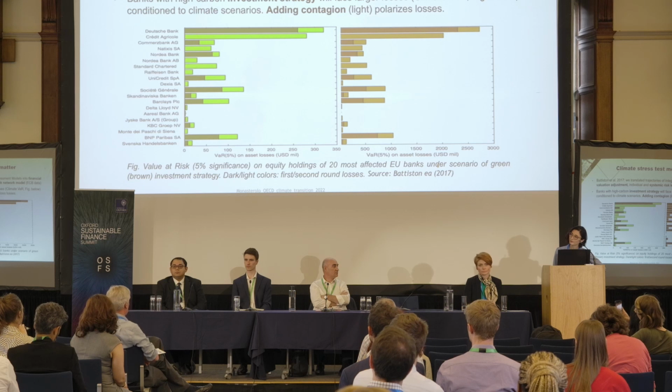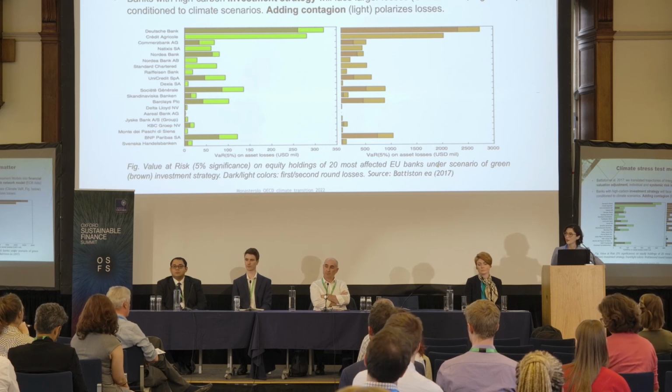Did you say 14% potential decline in GDP, and also what is the valuation implication? So we're looking at banks here, but what about asset owners and managers?